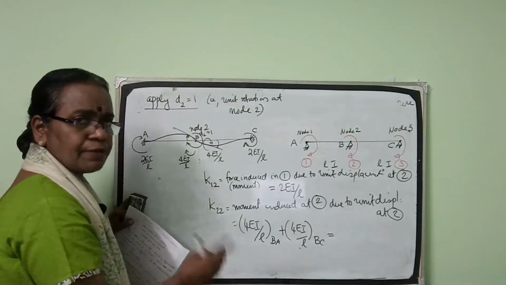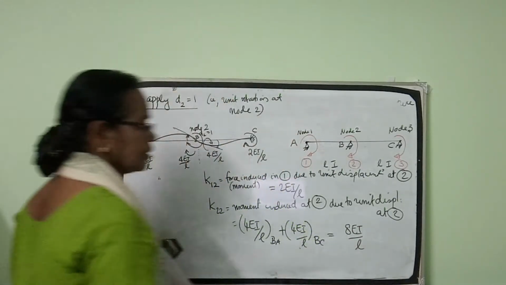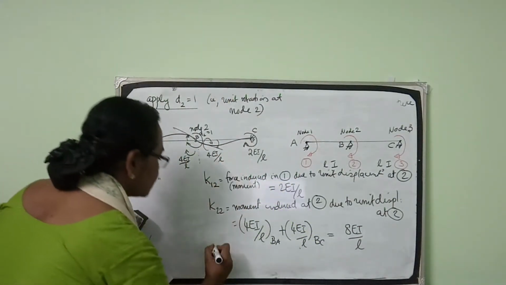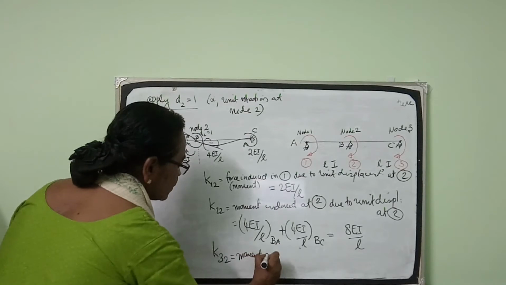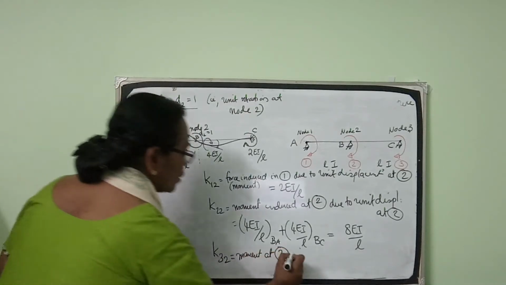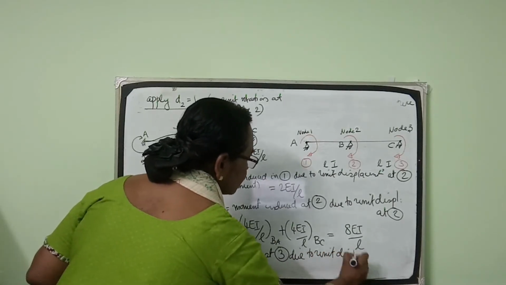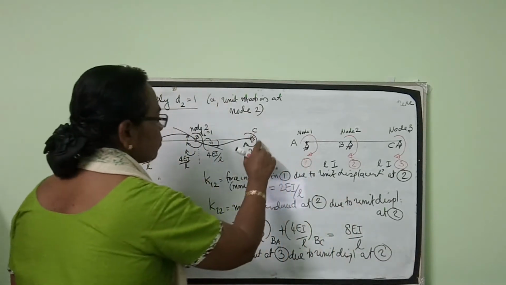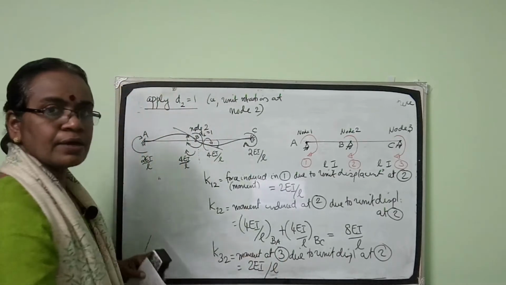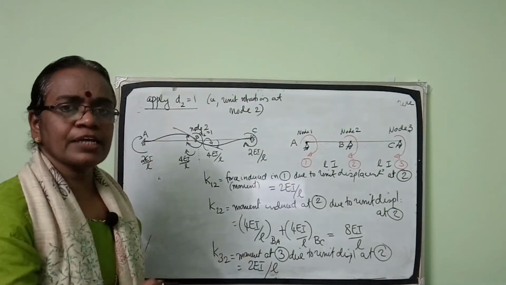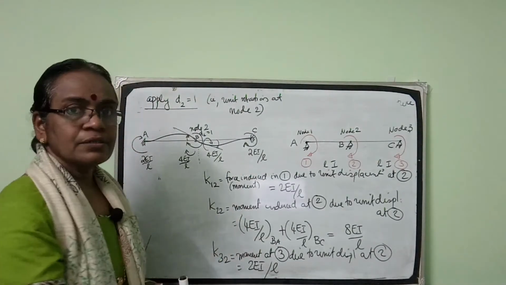Since here I and L are the same for both the spans, this will be 8EI by L. Now coming to this, K32 is moment at 3 due to unit displacement at 2, or the moment produced here, that is equal to 2EI by L. So that will give you the second column of the stiffness matrix, K12, K22, K32.